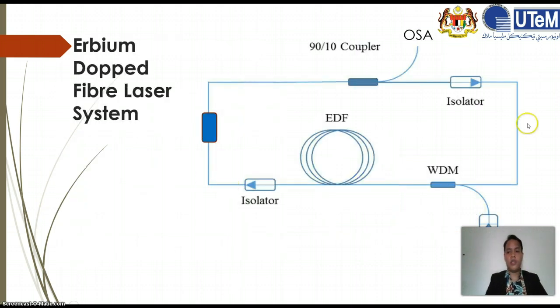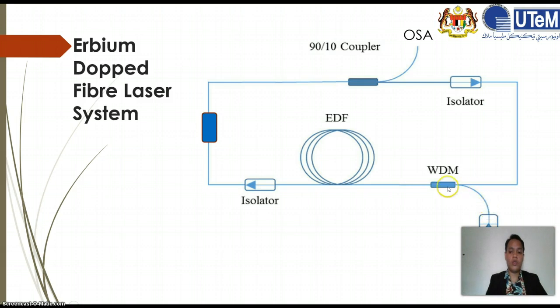Okay, so these are the components of this research. We must have this fiber laser cavity in order to generate the pulse laser. The first component is the pump LD, which is the laser diode. This is where the power comes from.